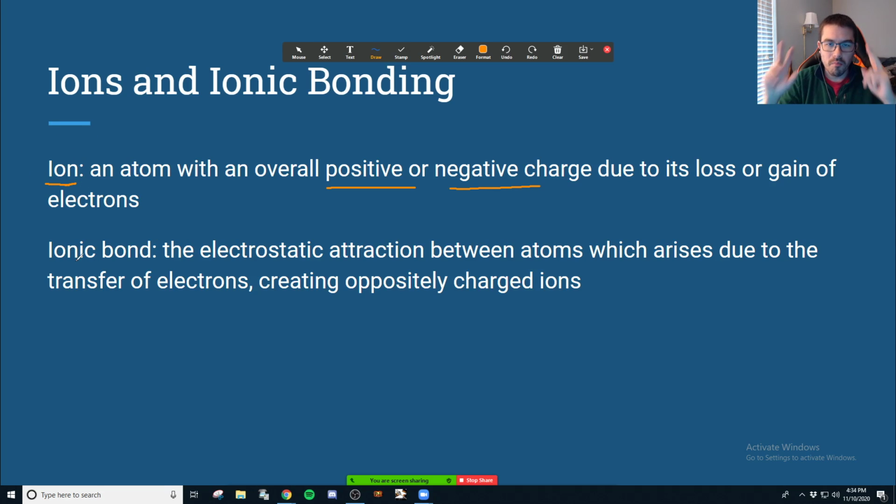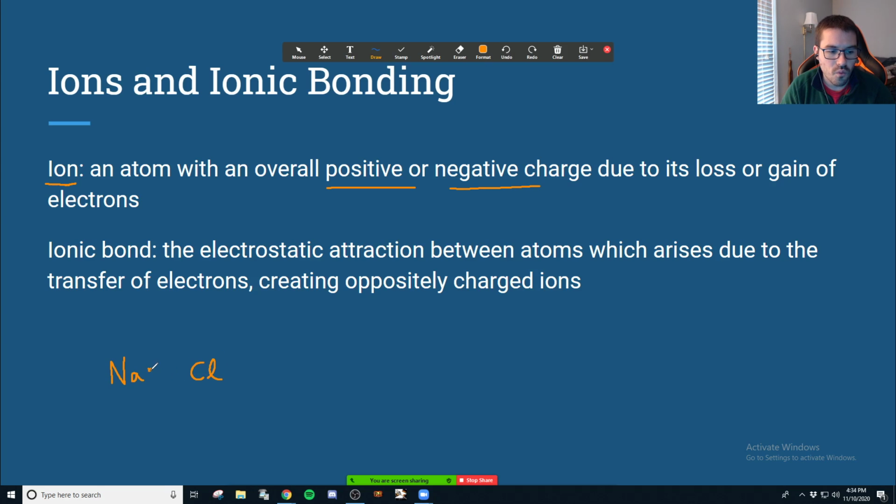And an ionic bond is not really a physical thing. It's just the electrostatic attraction between those ions. The example that we looked at, I can't remember if this was the last video or 2 or maybe 3 videos ago at this point, was with sodium and chlorine.